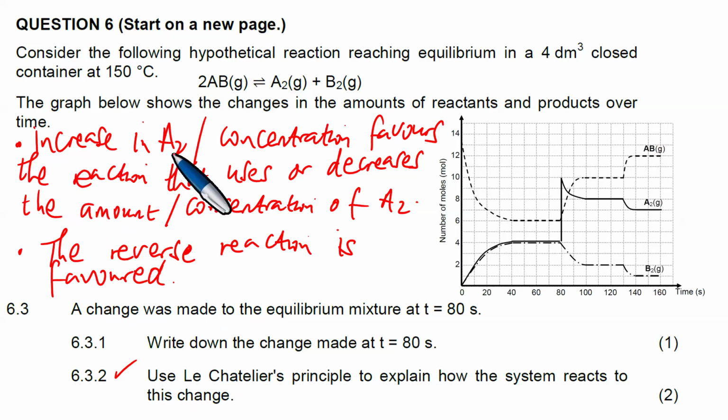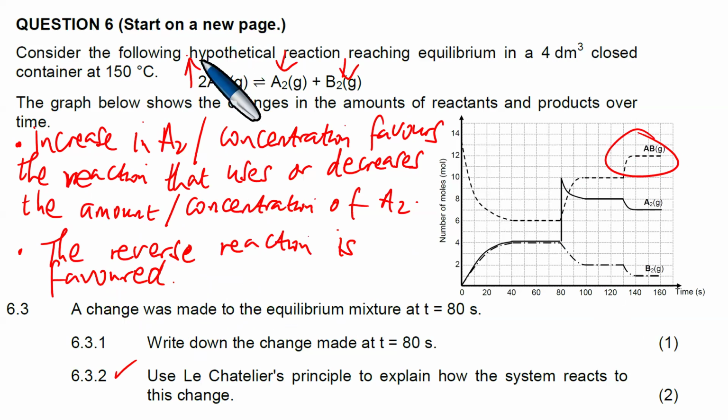An increase in A2 concentration favors the reaction that uses or decreases the amount or concentration of A2. The reverse reaction is favored. In other words, suddenly we saw that AB increased while A2 and B2 went down.